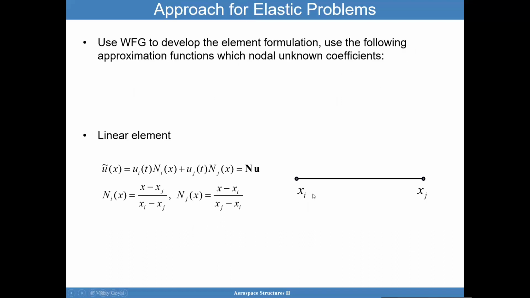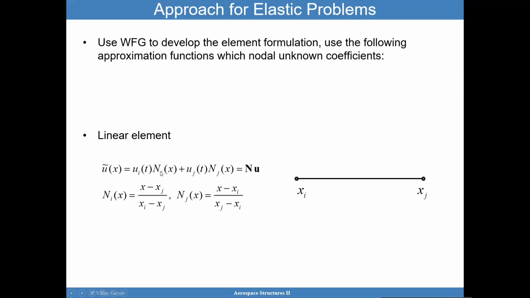If I look at a general bar, say the bar goes from position xi to position xj, I could approximate the deflection U along this bar. I'm going to do it in the following manner. I'm going to use separation of variables. So I'm going to approximate U as equal to Ui as a function of time, Uj at this node as a function of time, times the shape function.